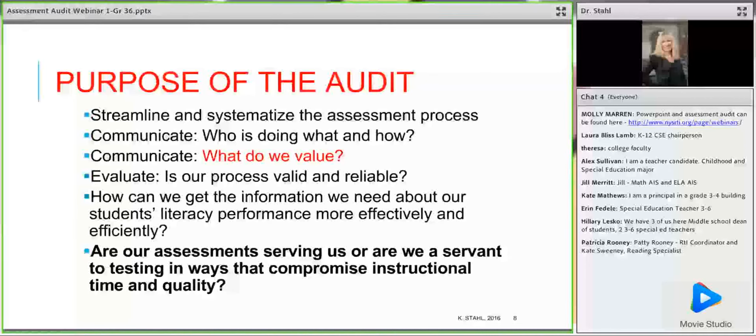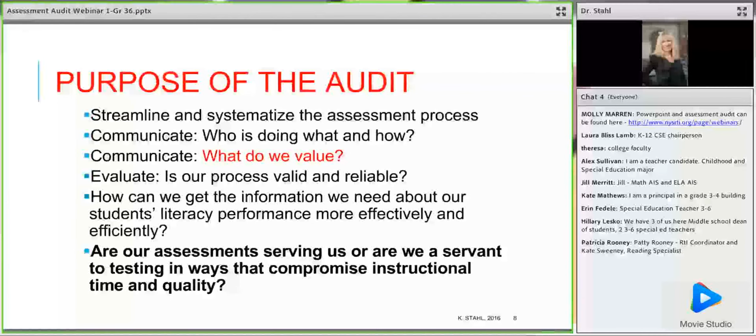Leaner is sometimes better, because when we have a lean assessment system, we can take the steps to make sure that it is reliable, that we're providing the training needed, that it is efficient, and that our data is clean. So one of the purposes of the audit is to streamline and make that assessment system as lean as possible to get the data that we need to inform instruction.